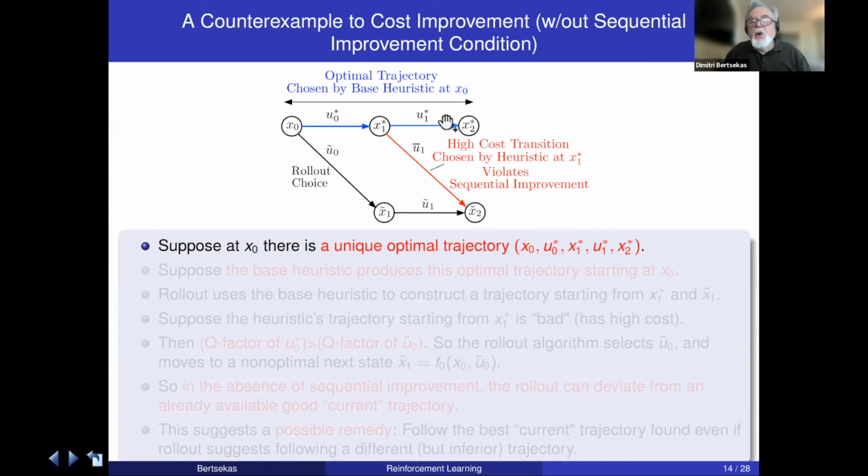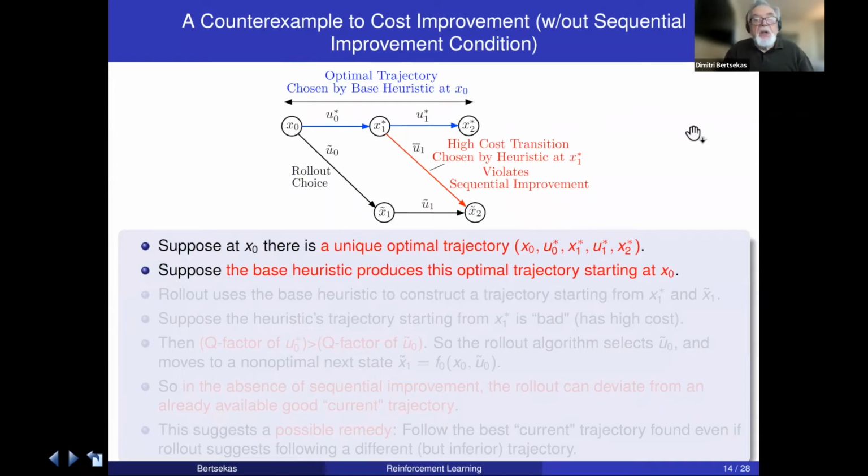Because this is a small cost and okay, whatever it is. We make the assumption that the numbers are such that this is the optimal trajectory. And now suppose that the base heuristic, by accident or whatever reason, produces this optimal trajectory starting from x0. So if you start at x0, it generates this trajectory, which happens to be optimal.